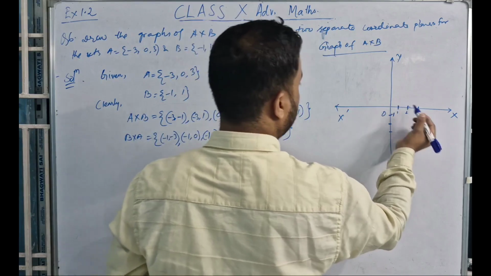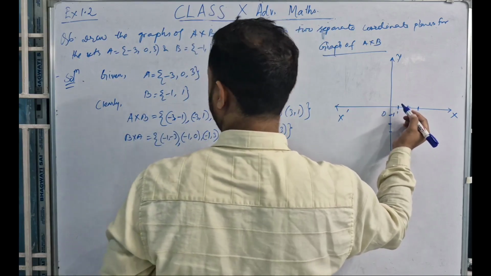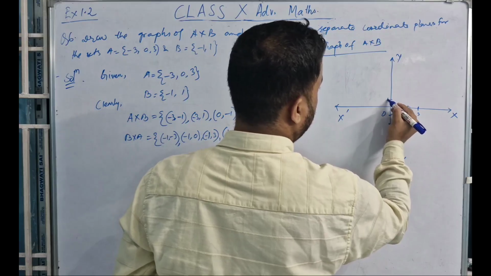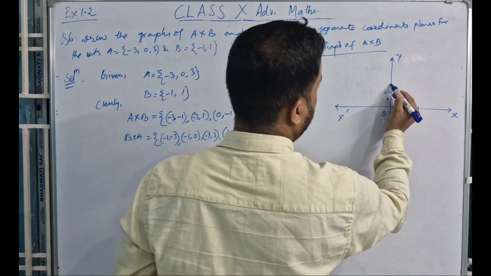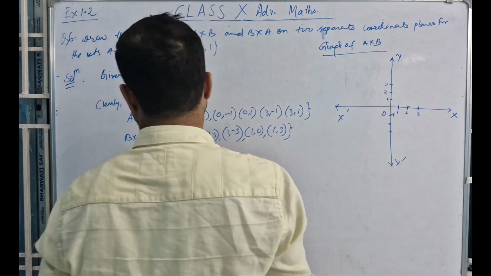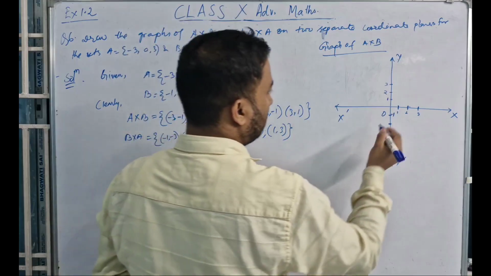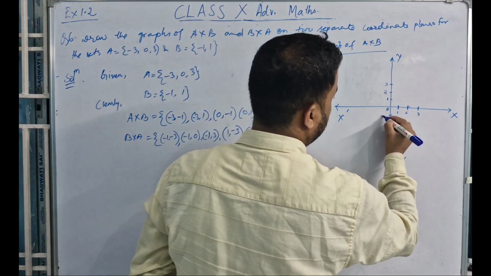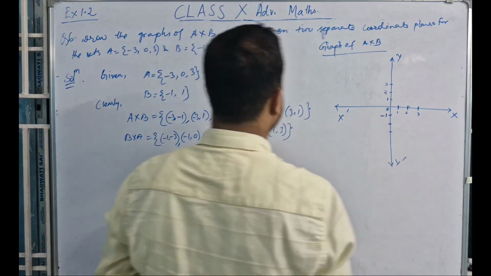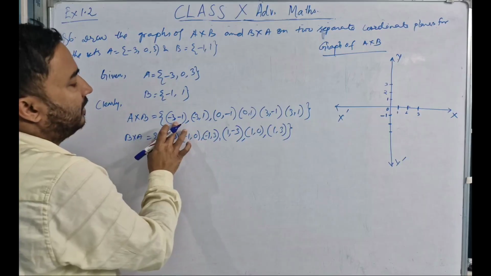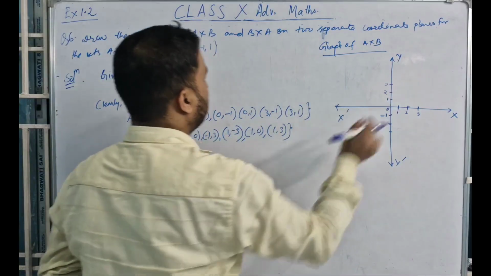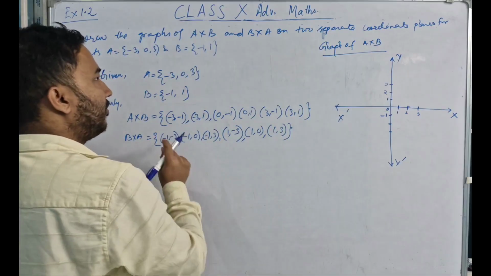Then in the upper side we should have 1, 2, 3, okay. So this is the value. Now this ordered pair should be represented in this coordinate plane, right?